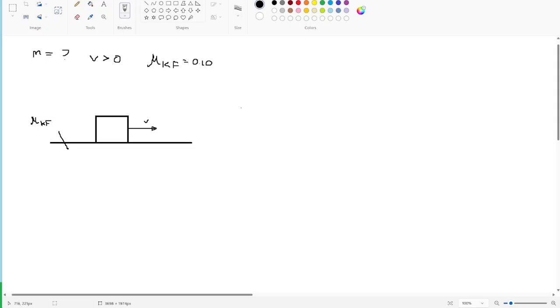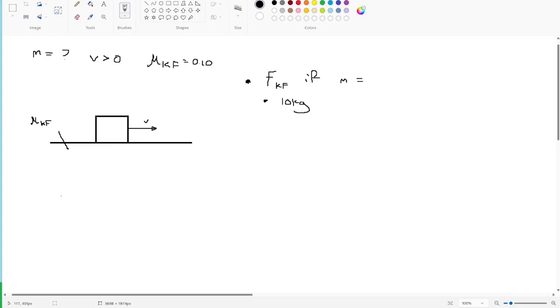I want you to try to find the force of kinetic friction if m is equal to 10 kilograms. What is the force of kinetic friction in this case? Go ahead and pause the video and take an attempt.